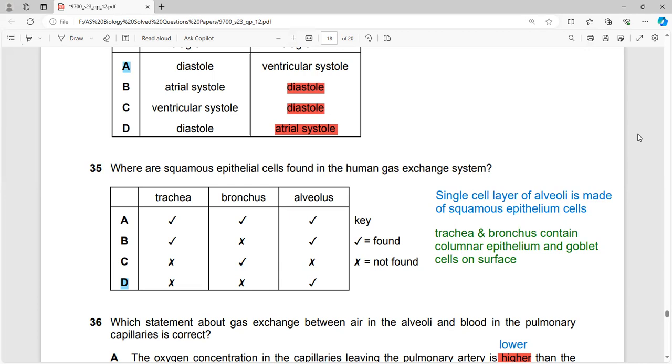The alveolus contains especially the squamous epithelium cells. So that's our correct option, D, because it only refers to the alveolus.